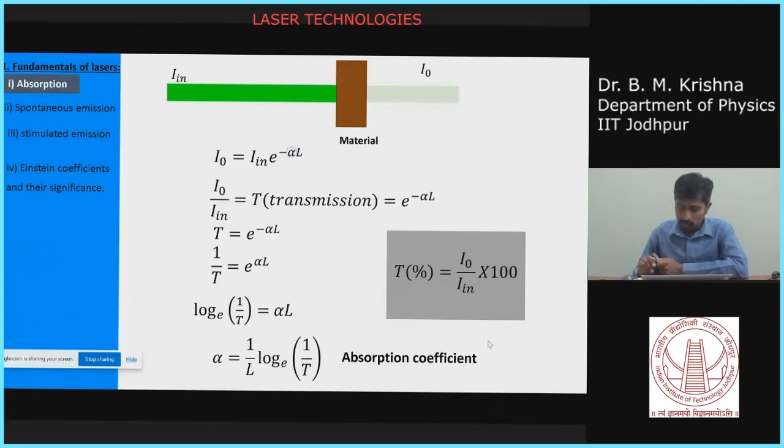Your transmission percentage equals I naught by I input times 100. If you know the absorption coefficient of any material for any given length, you can find out the absorption percentage and the transmission percentage. So that is the advantage of the absorption coefficient.